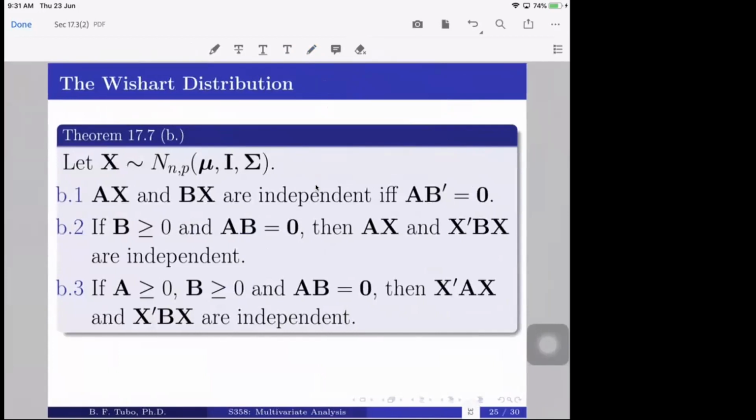Okay, so next. This is familiar to you because this has an equivalent result in the univariate case. That will be theorem 3.13.